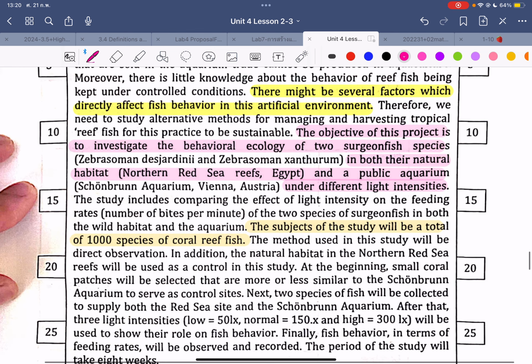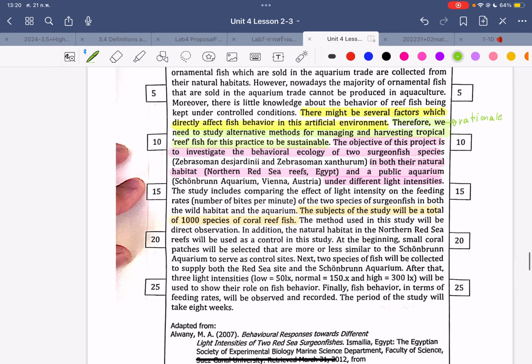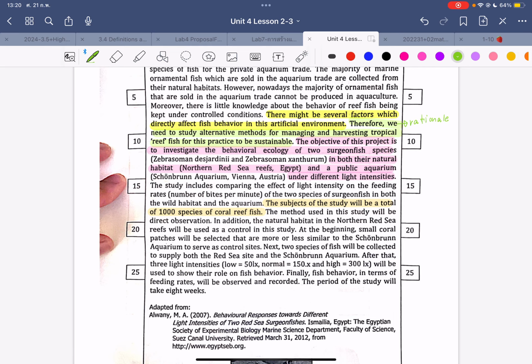So therefore we need to look at different alternative ways to manage and harvest. Okay, so look for different ways how we can harvest this tropical reef fish. Okay, so the goal, what is the goal of the research, the aim of the research?